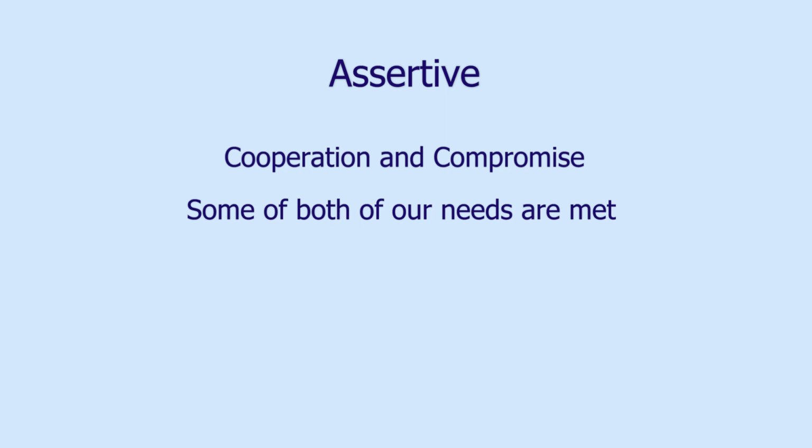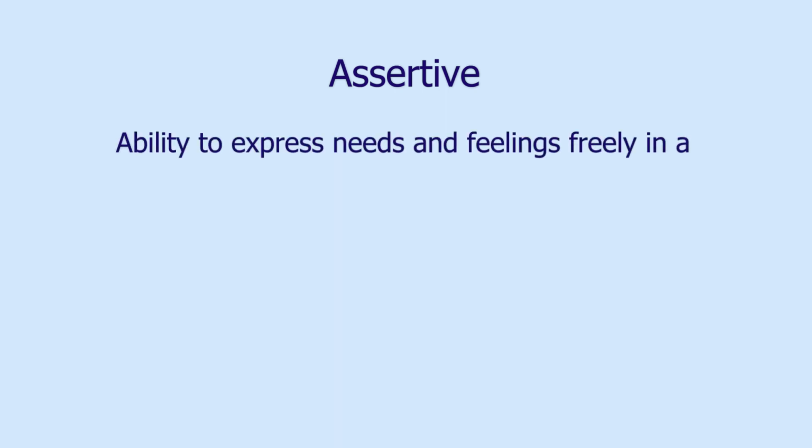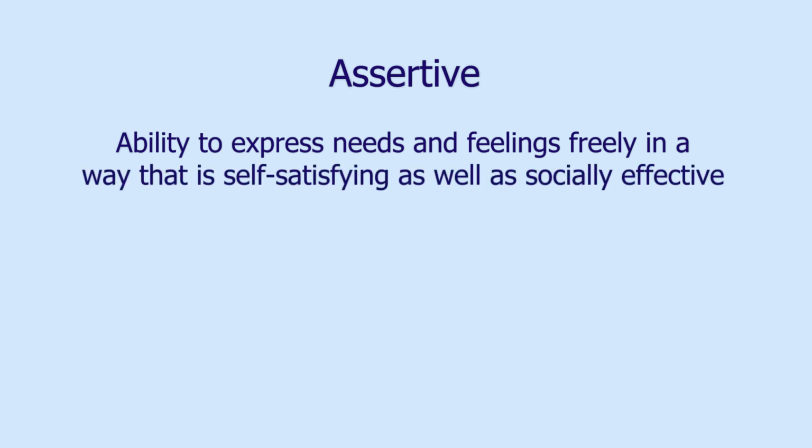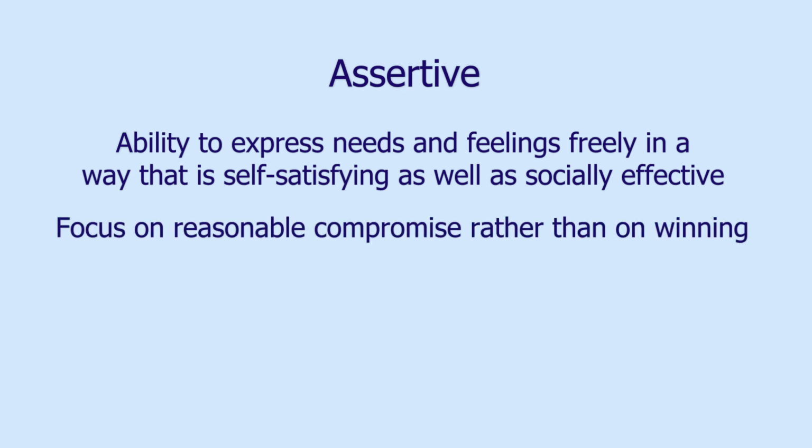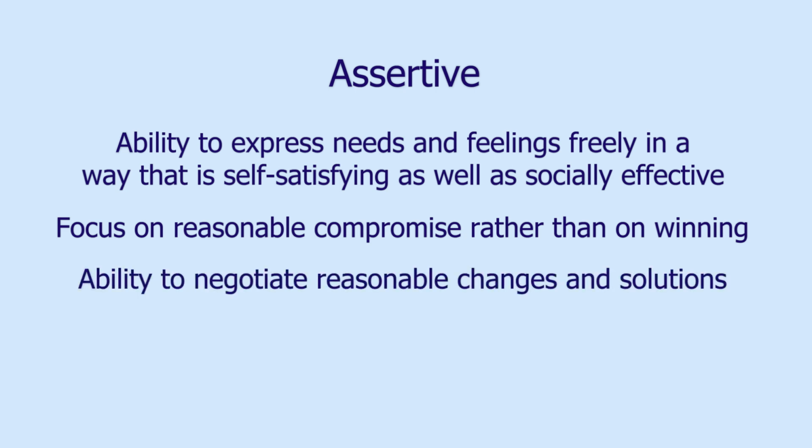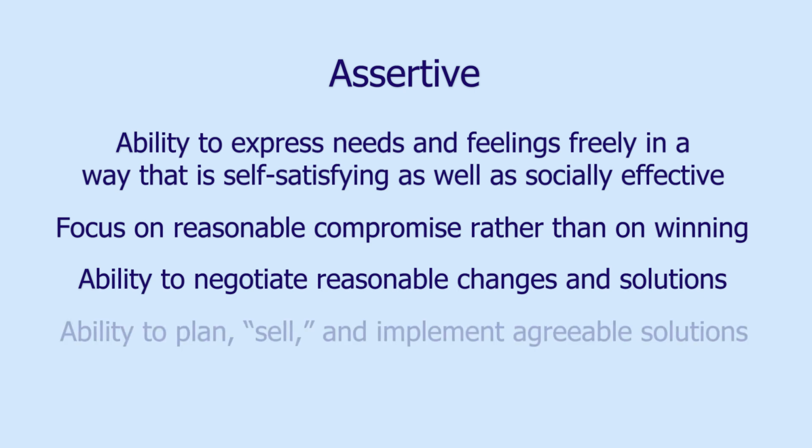The four main features of an assertive style are the ability to express needs and feelings freely in a way that is self-satisfying as well as socially effective, a focus on reasonable compromise rather than on winning, the ability to negotiate reasonable changes and solutions, and the ability to plan, to sell and implement agreeable solutions.